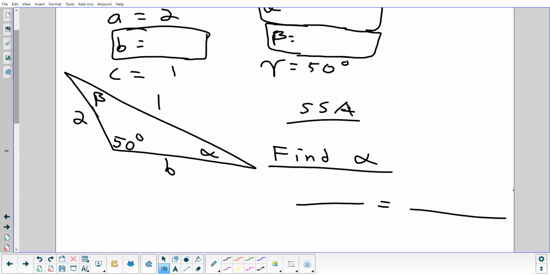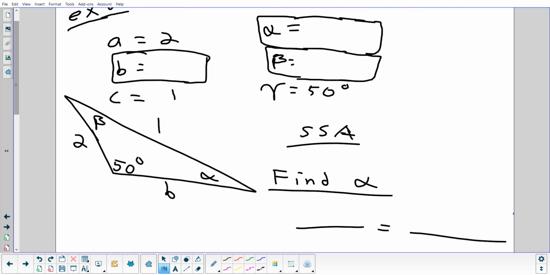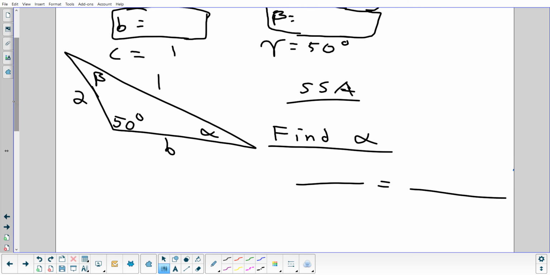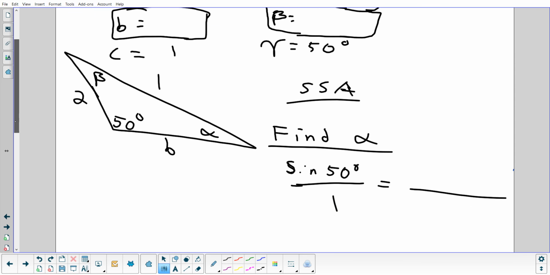All right, Julie, can you tell me what I've put on the left side? Yep, so we're going to do sine 50 over 1 equals, and John, what's going to go on the other side? Sine of alpha.